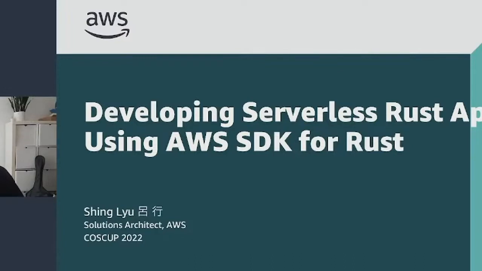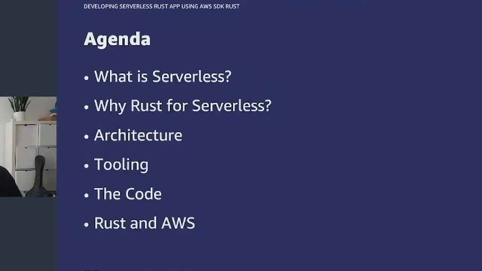So today I'm going to talk to you about how to develop a serverless Rust application using AWS SDK for Rust. What we're going to cover today is, first, what is serverless? Why do we use Rust for serverless? We're going to look at a simple architecture of a REST API that uses Rust code running on AWS Lambda to fulfill the API.